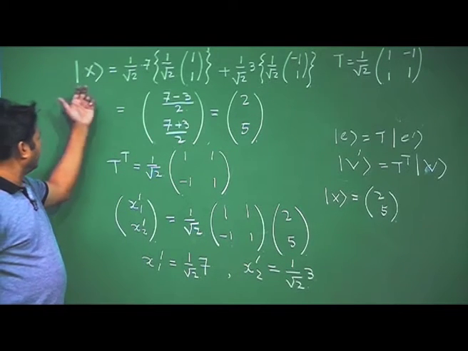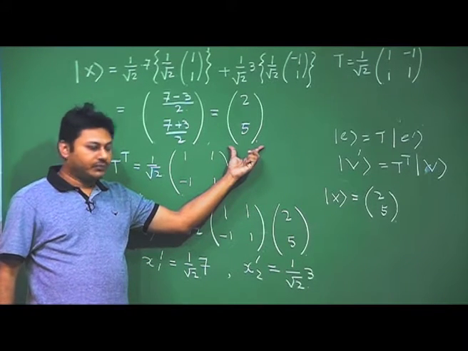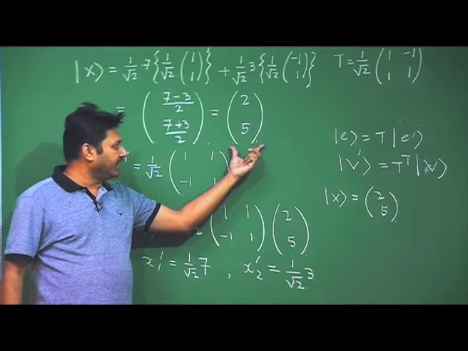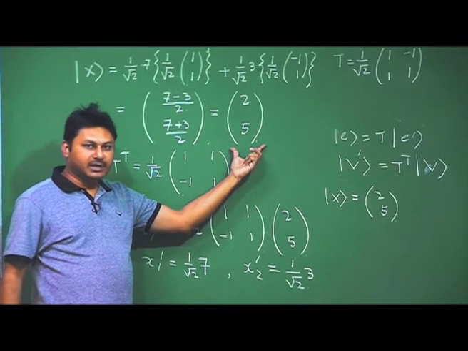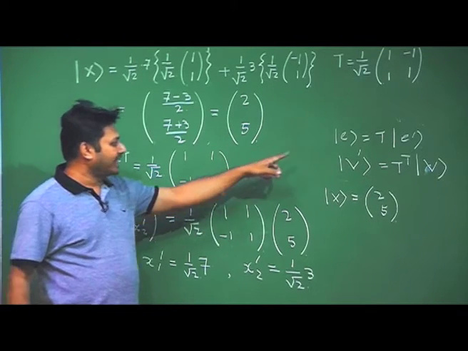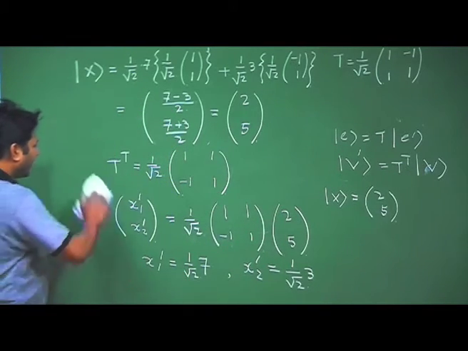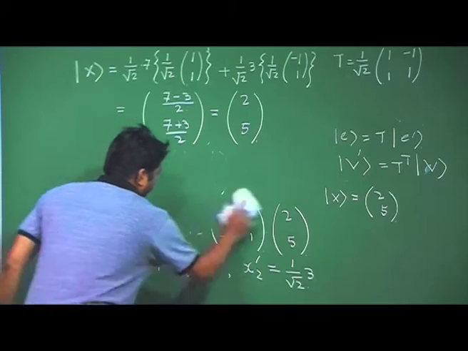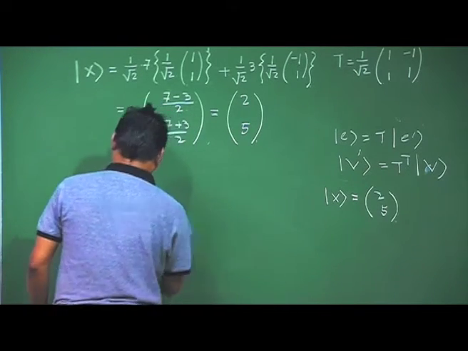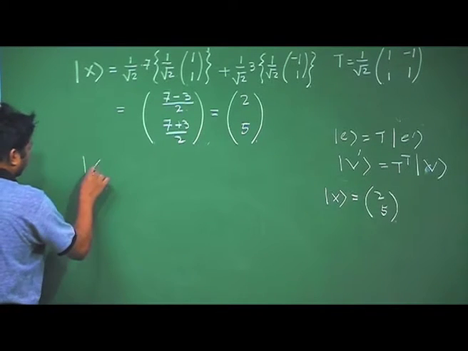So the vector can always be represented in the form of its natural basis, which is 2 5. When I write any vector in this form, that essentially means I am writing the vector in the non-prime or natural basis. Here it is E, but I can also write the same thing in the prime basis.